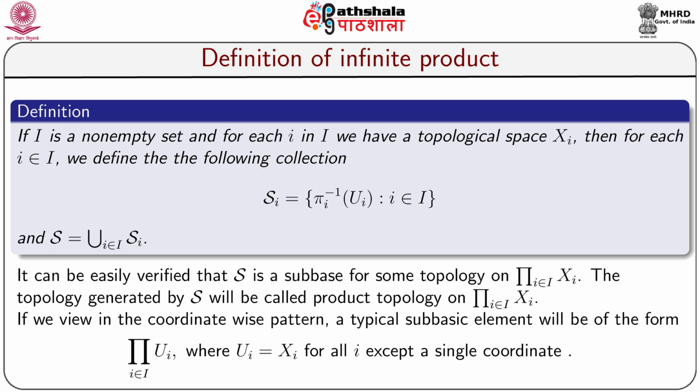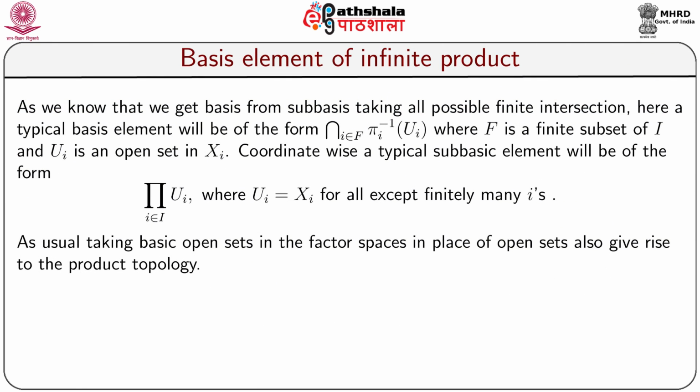If we view it coordinate-wise, a typical subbasis element will be of the form product of U_i, where U_i is equal to X_i for all i except a single coordinate. So, what about the basis elements of the infinite product? What will be the figure of a typical basic open set for infinite product?